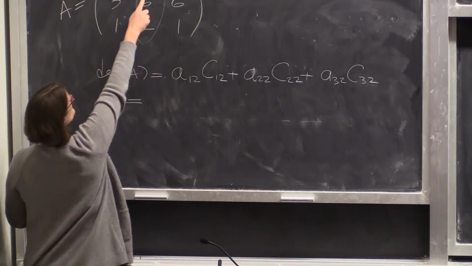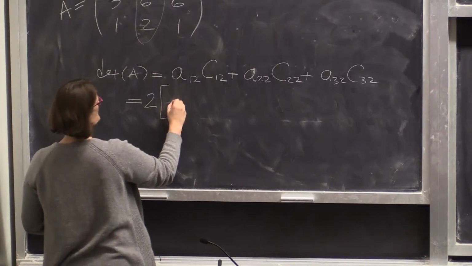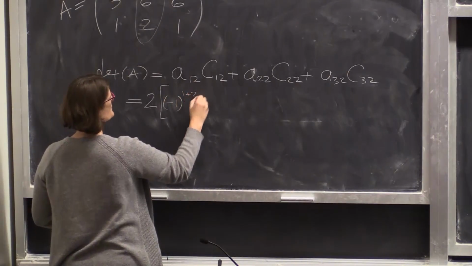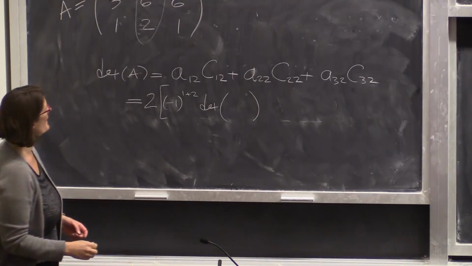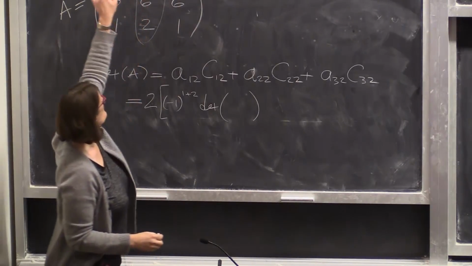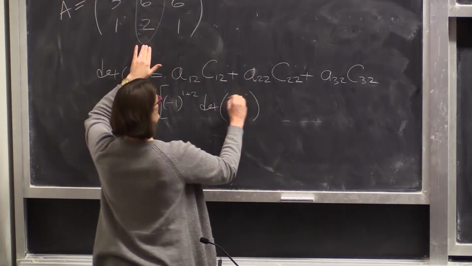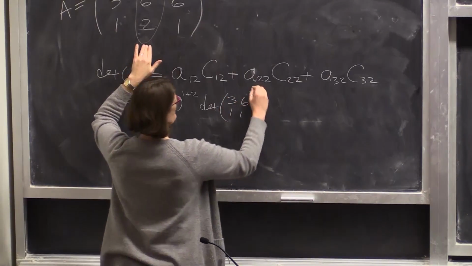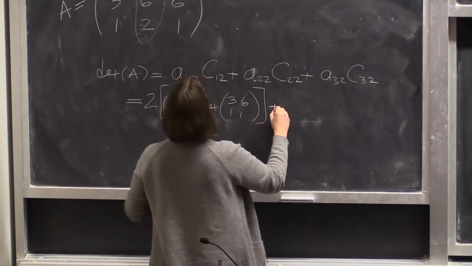So A12 is 2. The 1, 2 cofactor is minus 1 to the 1 plus 2 times the determinant of the smaller matrix that I get by removing the first row and the second column. So that's 3, 6, 1, 1. That was just this. Now we have A22.